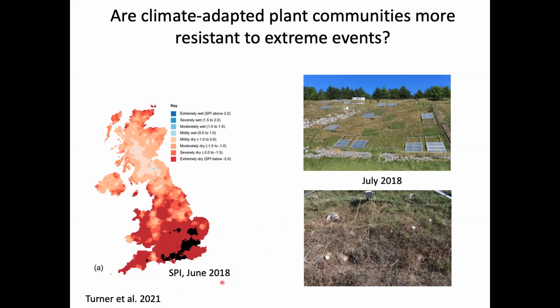In June 2018, as the map on the left there shows, there was very, very little rainfall, and the standardized precipitation index was very low. And in fact, in terms of drought and rainfall, the period May to July actually exceeded or beat the previous record that was held in 1976.